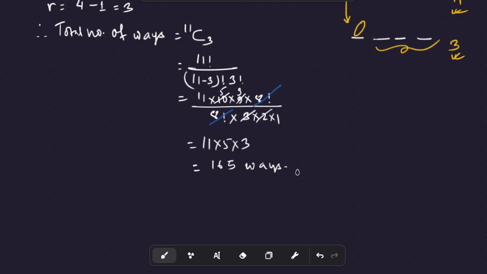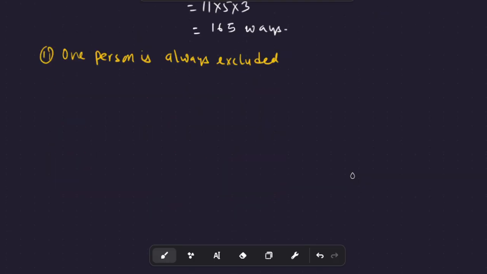In the second case, the question has told us that one person is always excluded. If one person is always excluded, then what will happen? There will be 11 total people, so n will be 11.